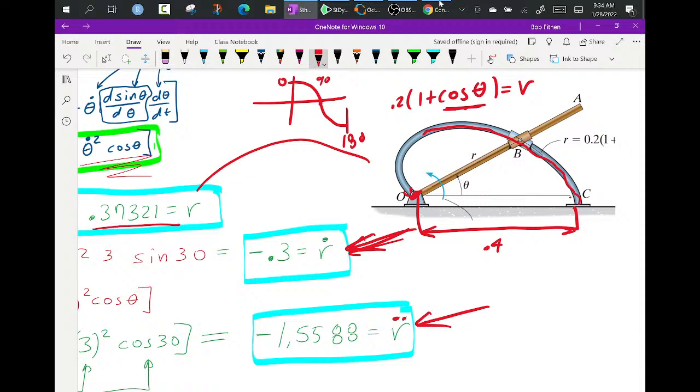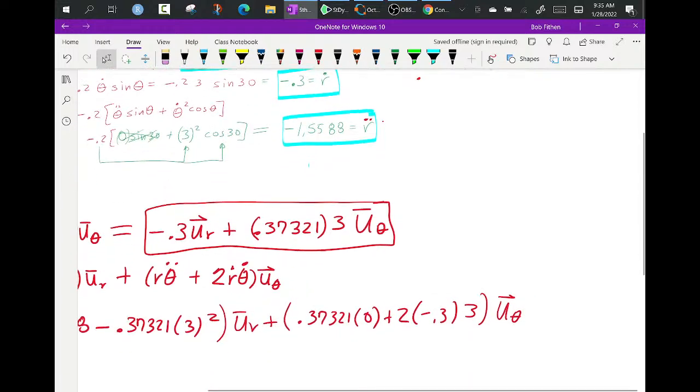In the limit, r should exist between 0 and 0.4. It should never be greater than 0.4, and it definitely can't be less than 0, since a length can't be negative. So in fact, 0.37 makes pretty good sense. If that's 0.4, you're saying that's 0.37. So the geometry and everything makes common sense. The answers look okay. I'm not going to go into any further detail there, but at least it's good to look at the geometries to make sure it makes sense what you're getting.